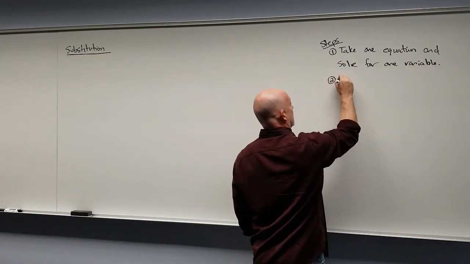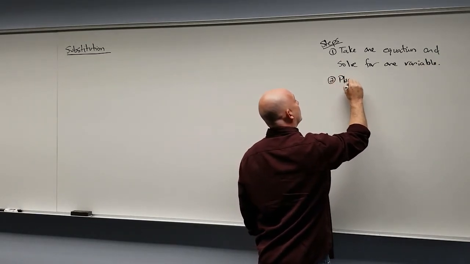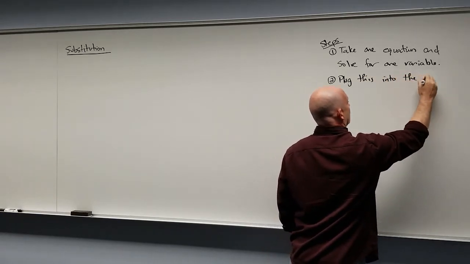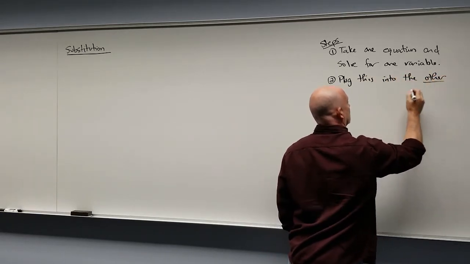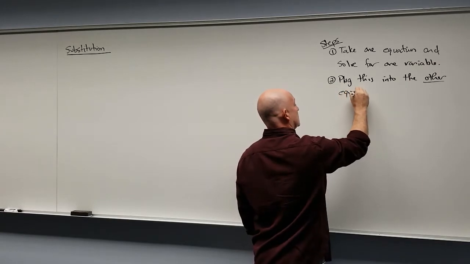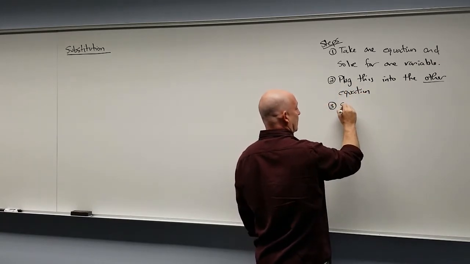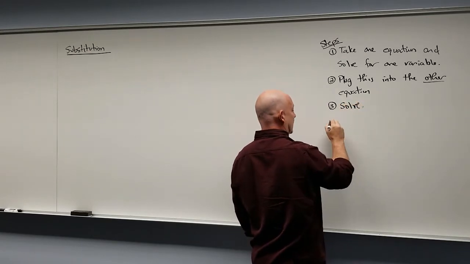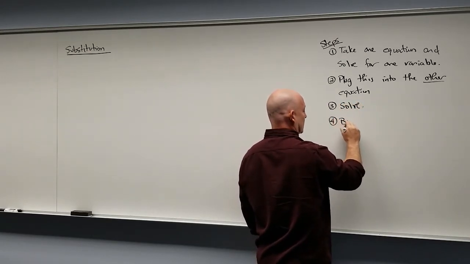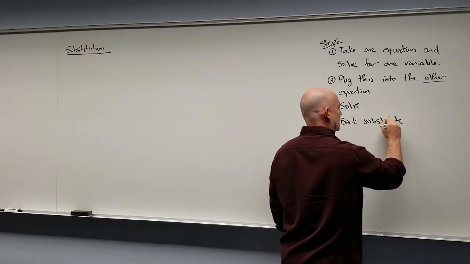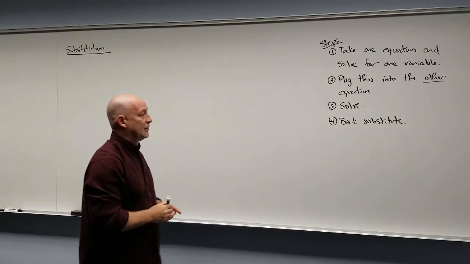Step two, plug this into the other equation. Now once we do that, we'll have an equation that only has one letter in it. All we're going to have to do is solve that. And step four, we're going to use something that says back substitute.